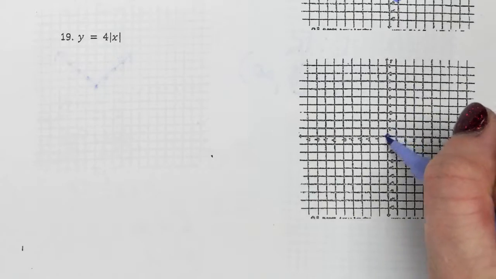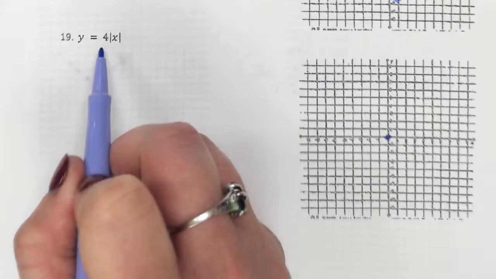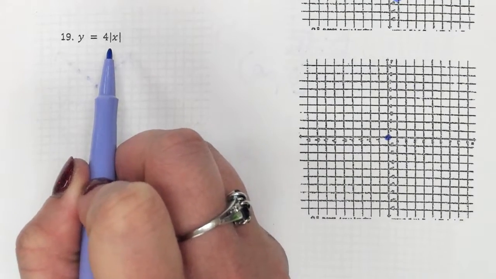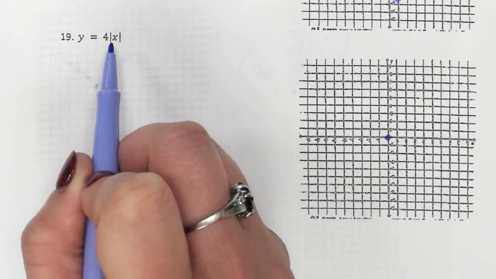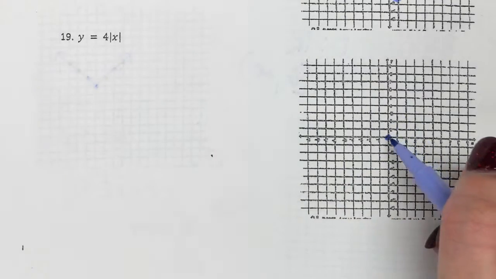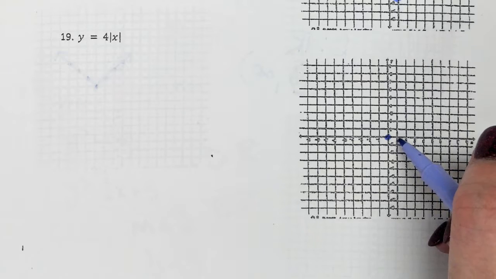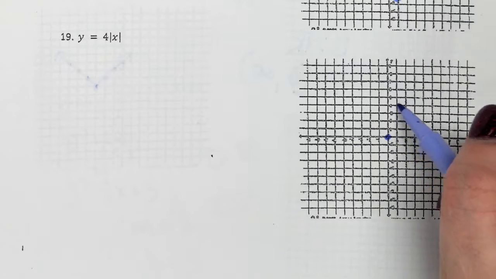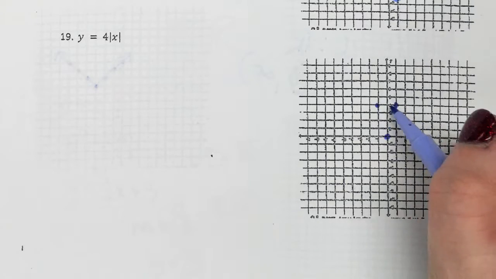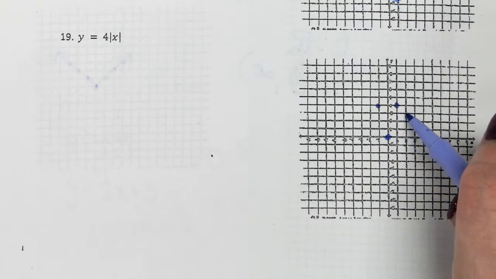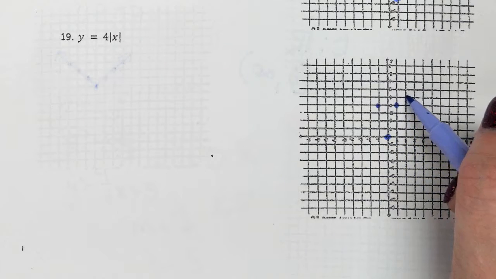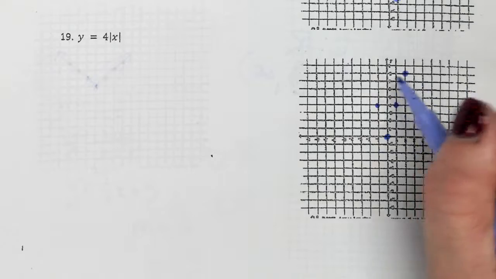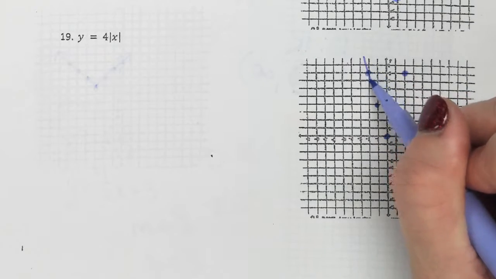At the origin. Now, what are you doing to that 4? It's a dilation, right? You're multiplying. You're going to go over to the right 1 and up 4. And then you're going to go right 2 and up how much? 8. 5, 6, 7, 8. You see how steep that was?